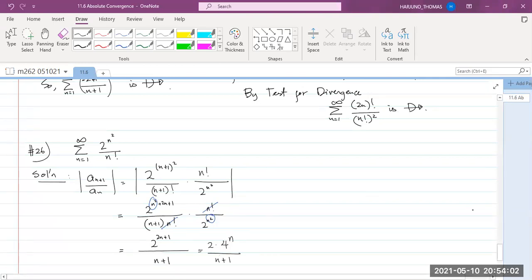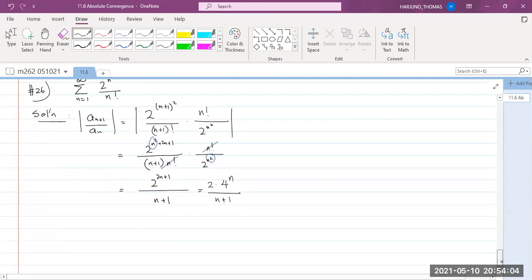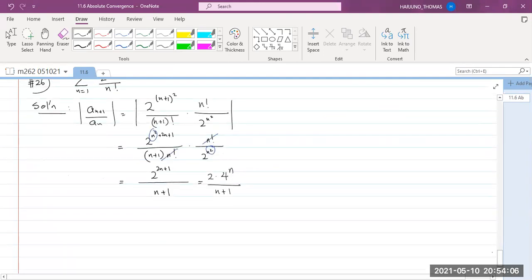How to do this? I know this goes to infinity, but why?